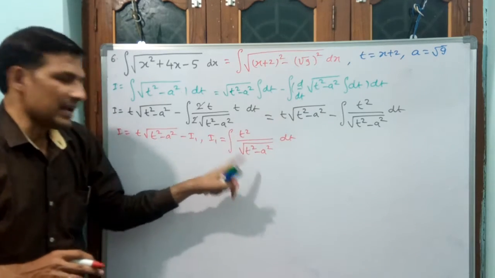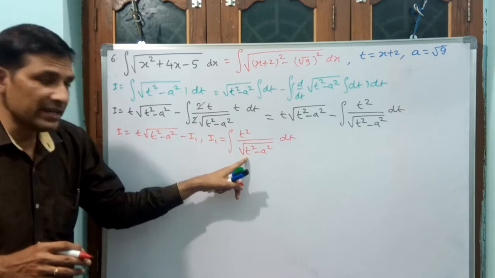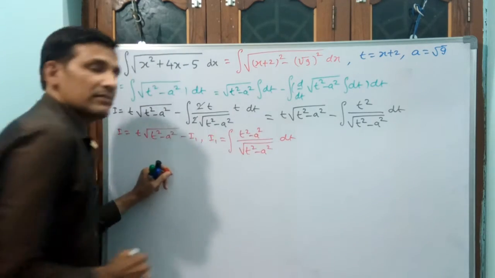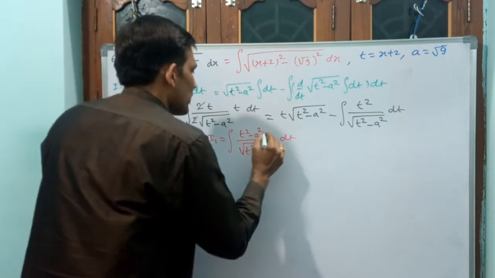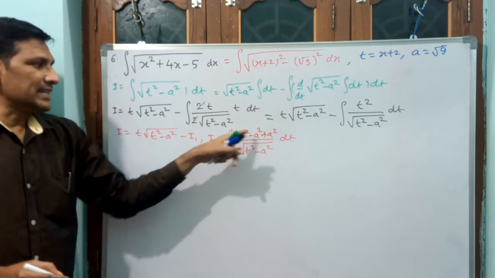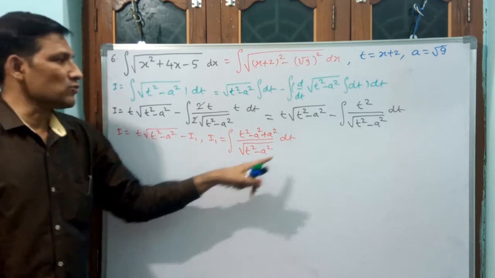This is actually I1, but I am changing this. See, the denominator t square minus a square is there. Minus a square, plus a square you have to keep again. A square minus a square are going to get cancelled. T square by square root of t square minus a square is going to appear.